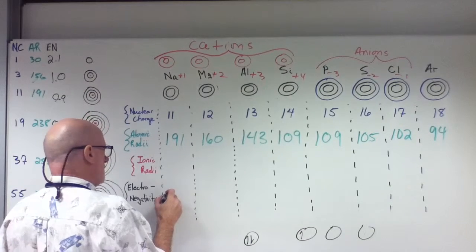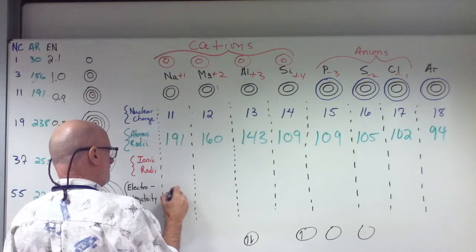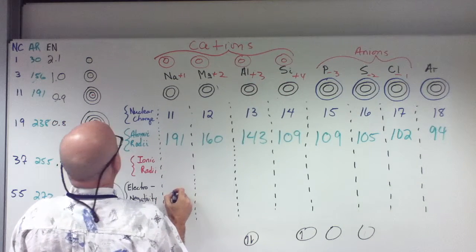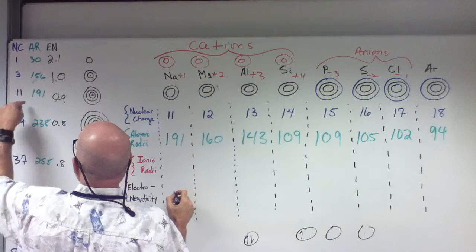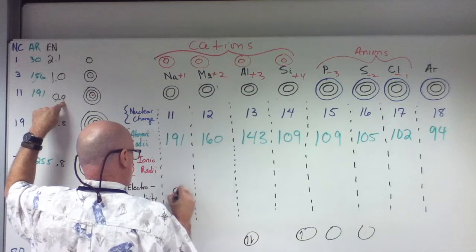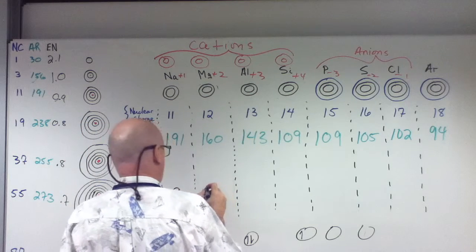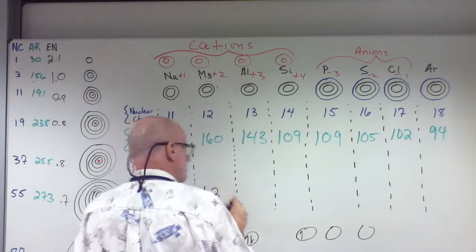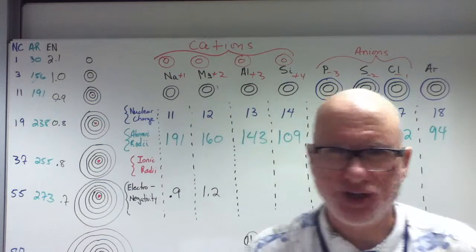So what about the electronegativity for sodium? We have it here: 0.9. Let's just put 0.9. And then magnesium, 1.2. So as you go across the period, it should increase, right? Yes.